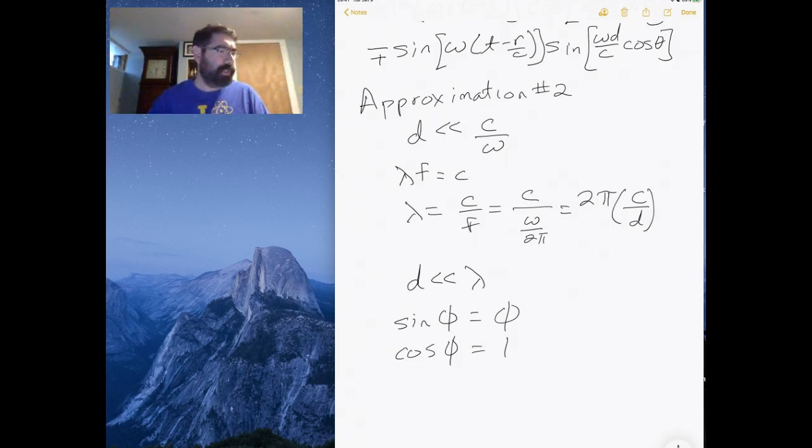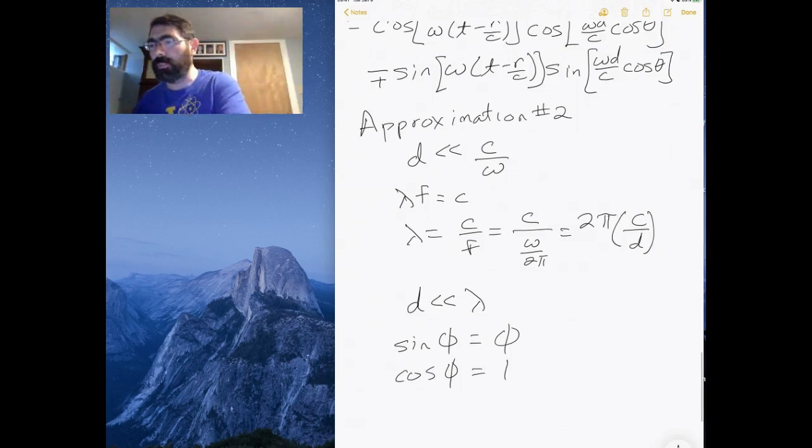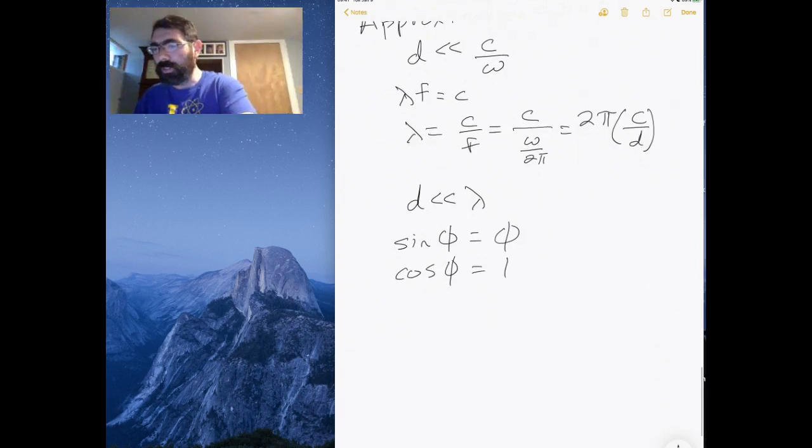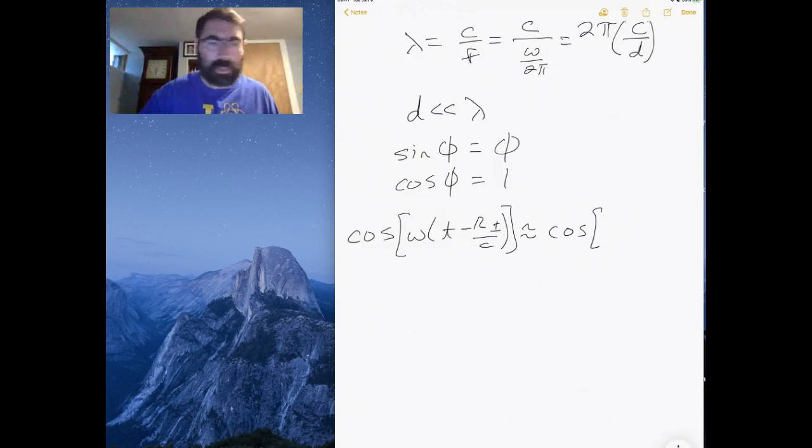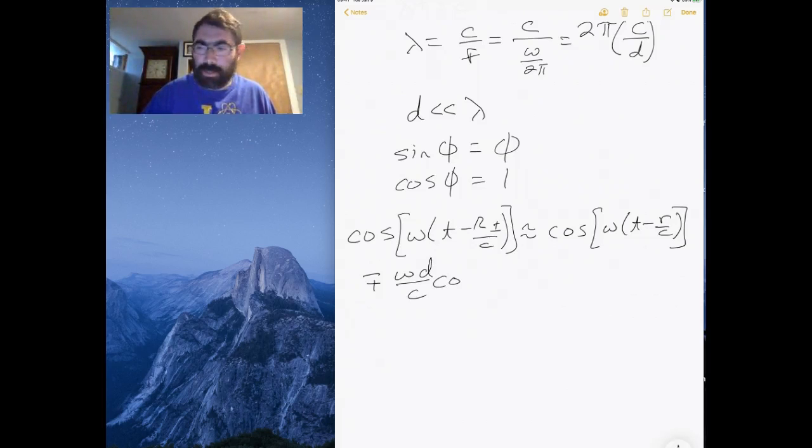So the cosine of omega d over c cosine theta essentially drops out, and we're left with the cosine of omega t minus r over c plus or minus d cos theta over c approximately equal to the cosine of omega t minus r over c, minus plus omega d over c cosine theta.